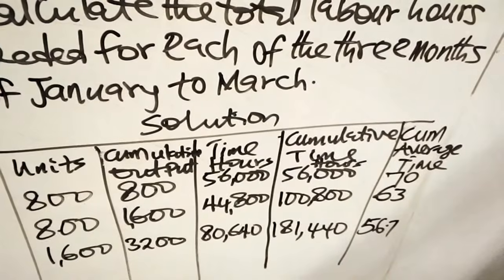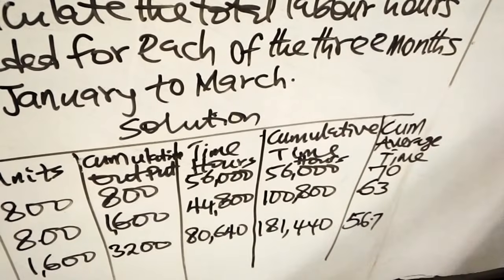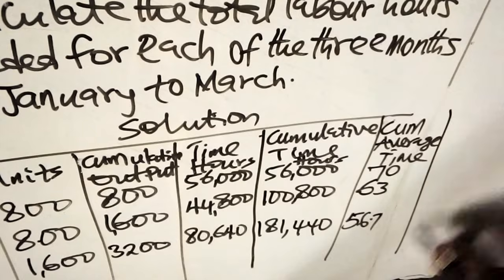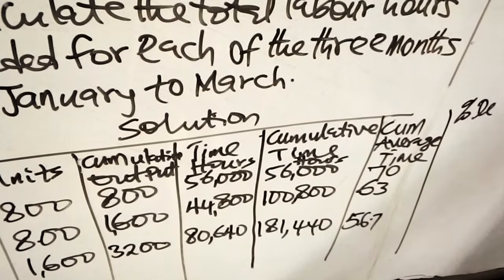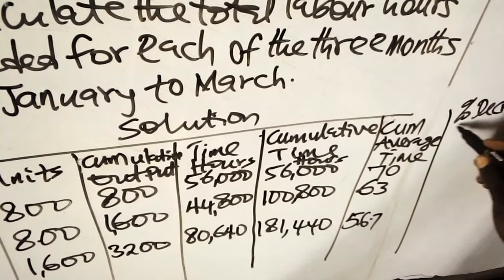The next thing is to calculate the percentage decrease in cumulative average time.